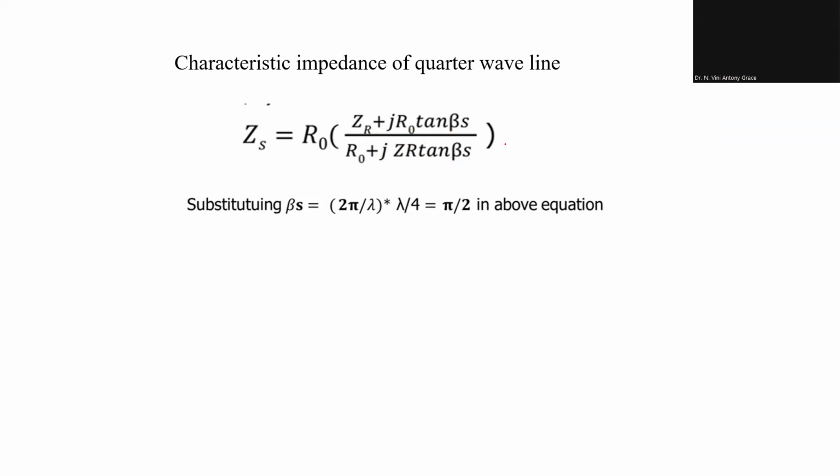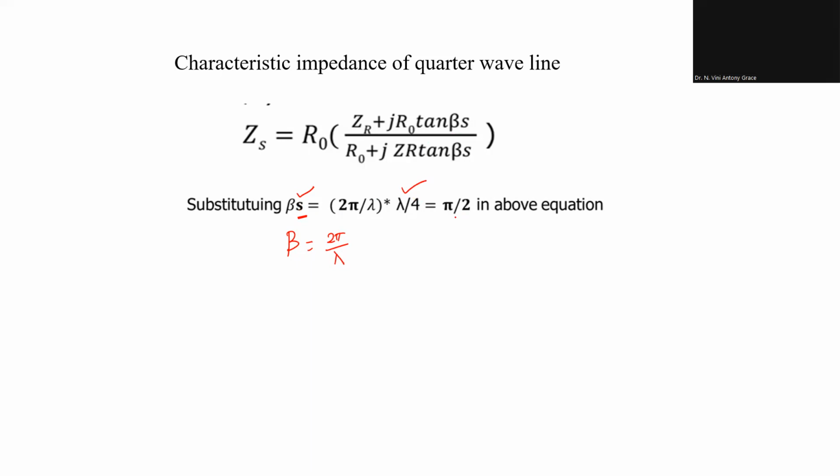Now, in this case, we have inserted a piece of a transmission line whose length is equal to lambda by 4. And we also know that beta is 2 pi by lambda and the length of the transmission line S is equal to lambda by 4. So we can find beta S by substituting these two values. Beta S will be equal to pi by 2.